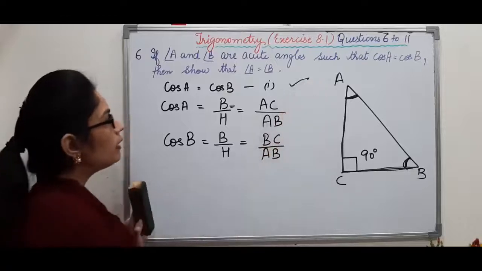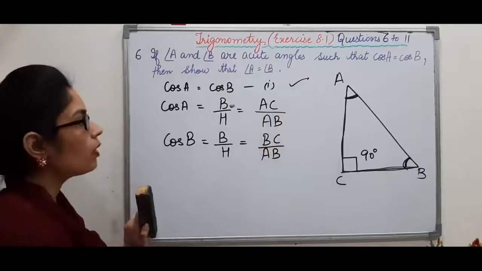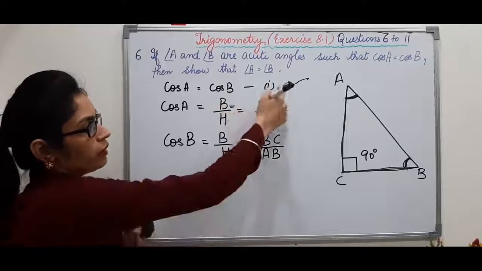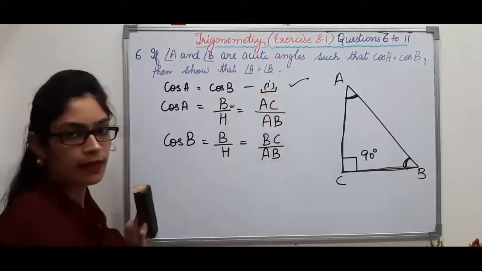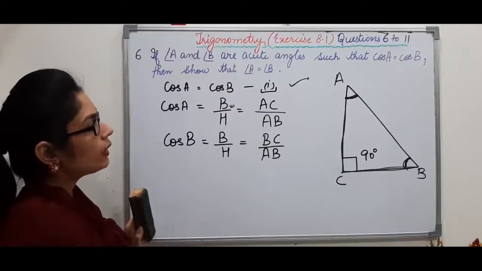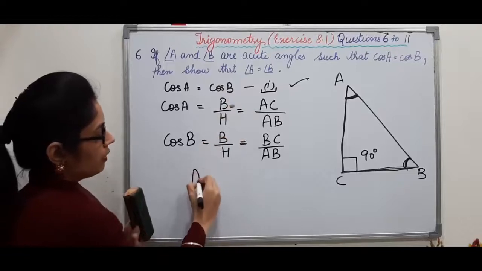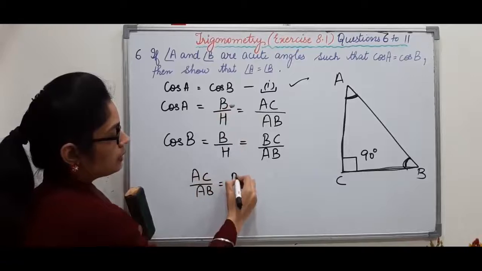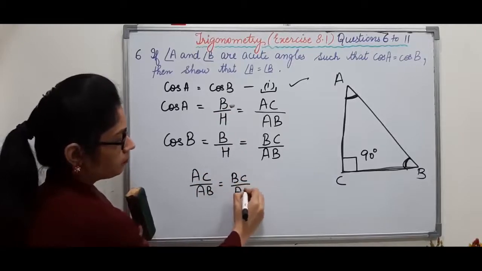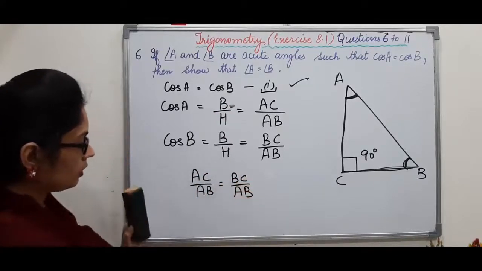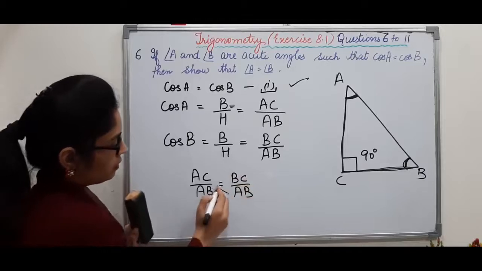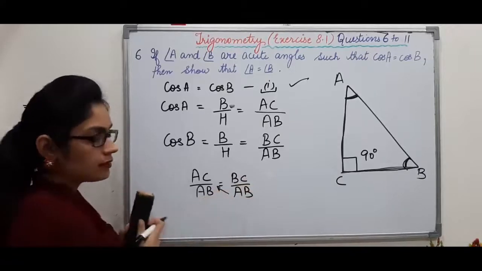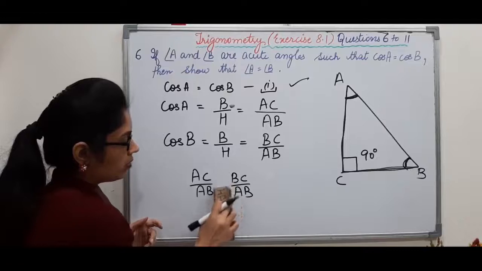Now it is already given to us cos A is equal to cos B. So you can mention from first, because we have marked this point as first point, AC upon AB is equal to BC upon AB. Now this AB will just shift to the other side. Any side you can make changes on any side.